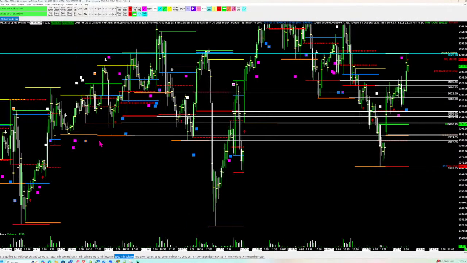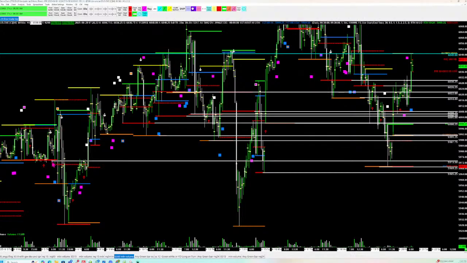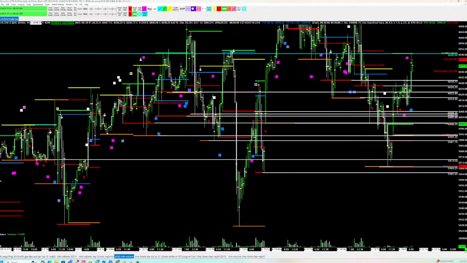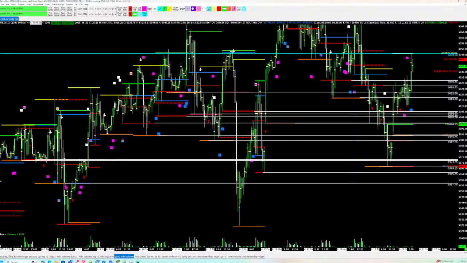I'm not trying to find shorts. This, and I doubt we take out that low from yesterday. Today, if we do, I'll come back and put in new levels. So now we can go look and make sure I didn't miss anything. There, that's what I would have for today.